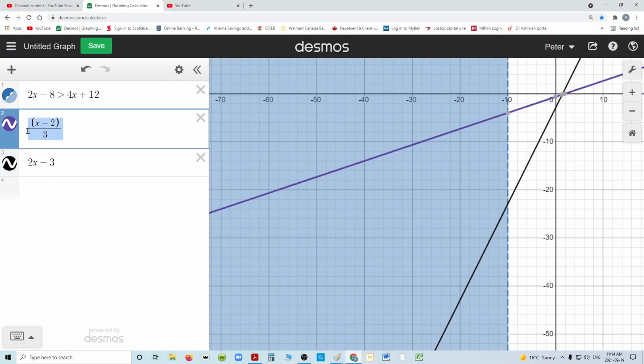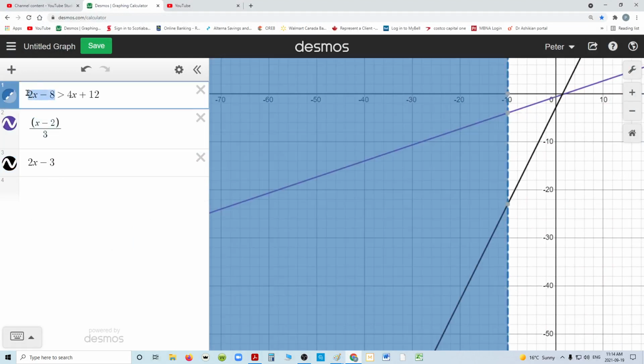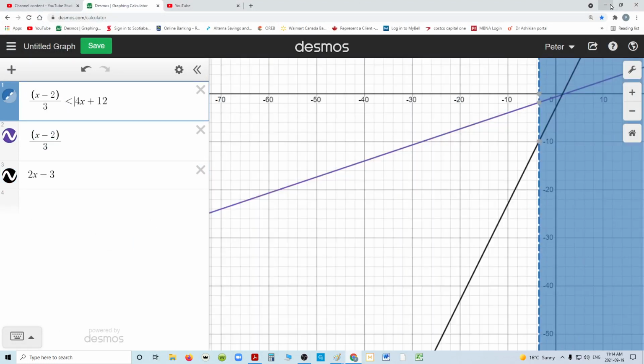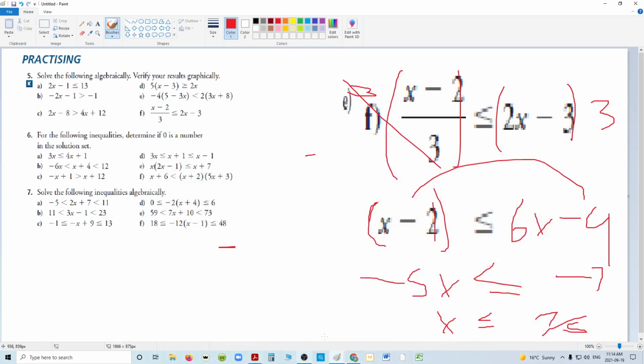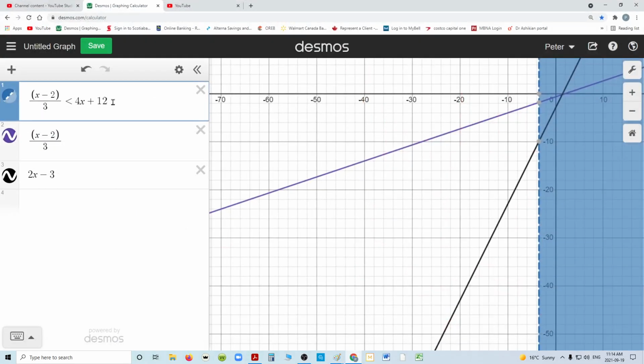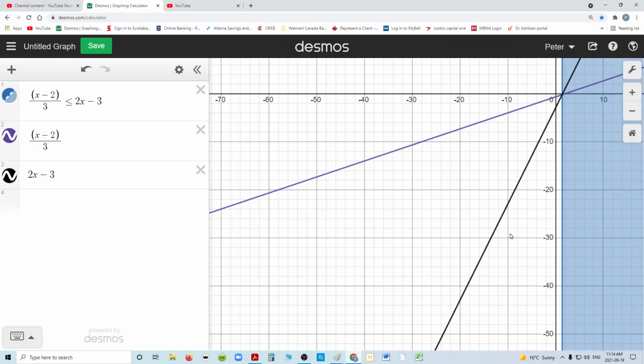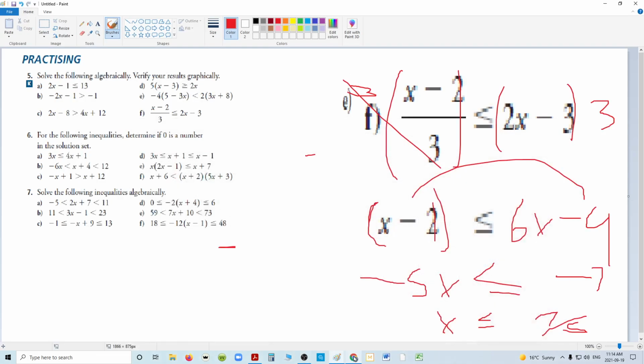And we can even say, when is this one smaller, did we say smaller, or equal to this one? And it's going to show us. And what was our answer?